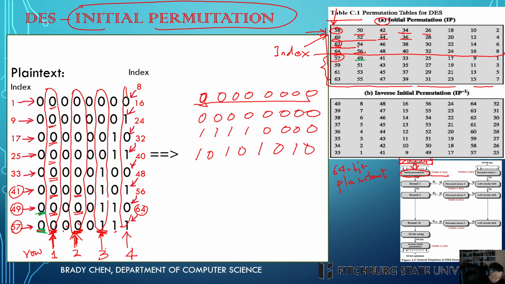If you look at the 5th row after the initial permutation, it's actually the first column in the plain text. So that's row number 5. And then we will find that's row number 6, row number 7, row number 8.